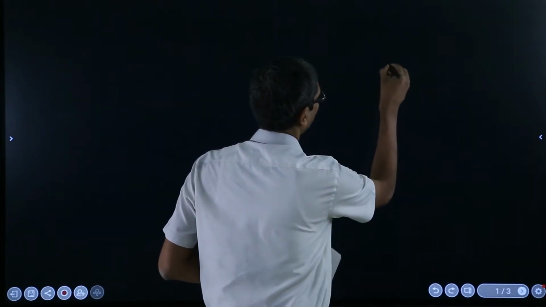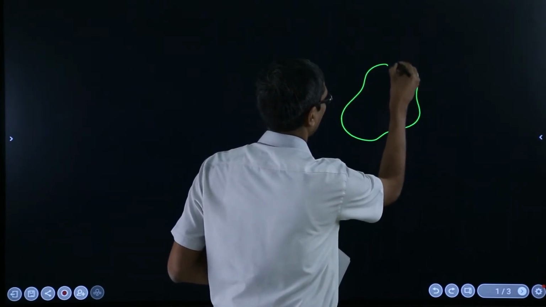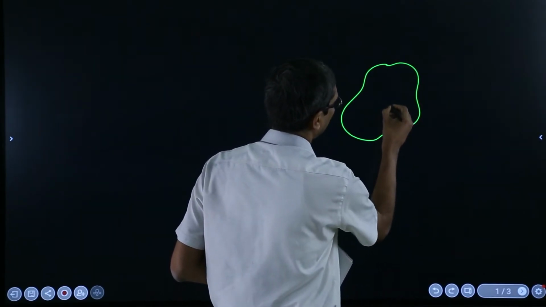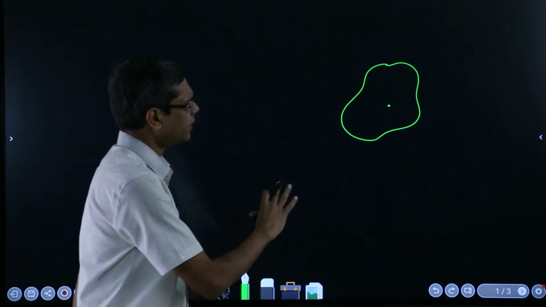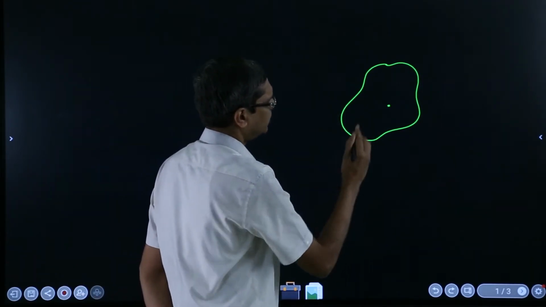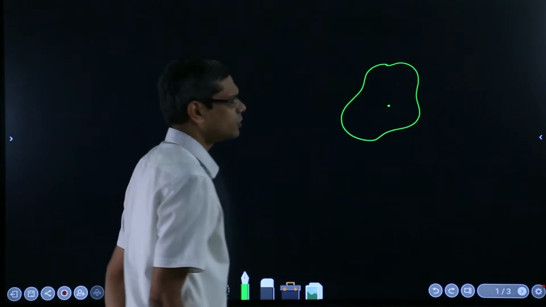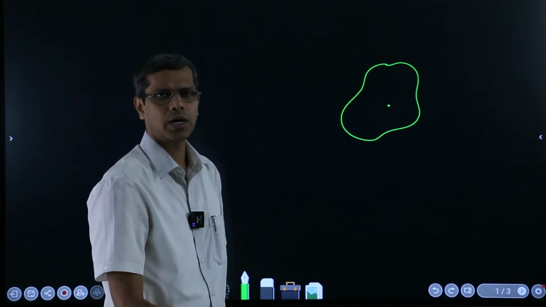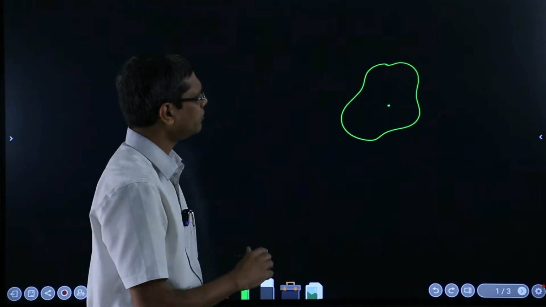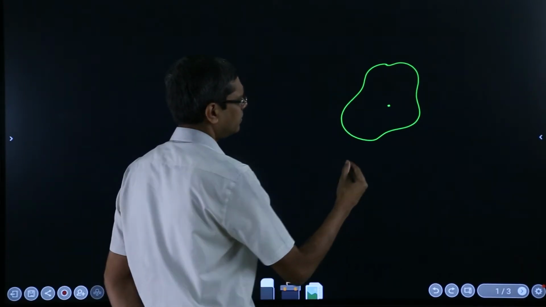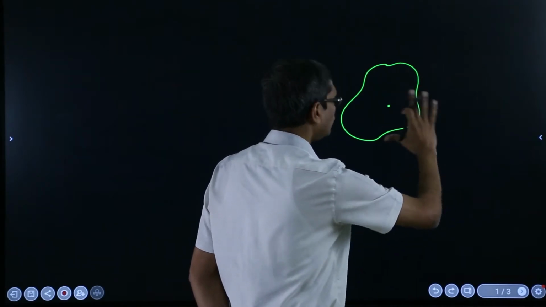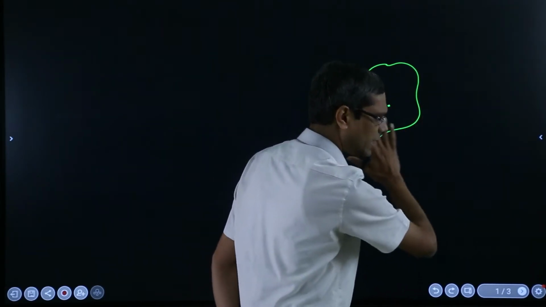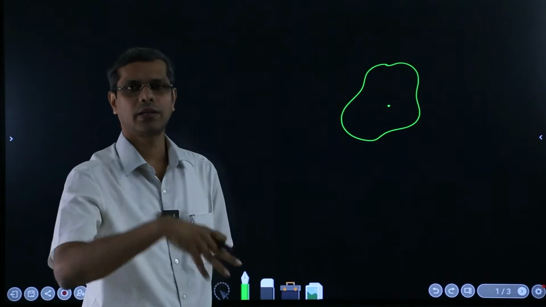Let's say, suppose there is a body, and its center of mass is lying somewhere here, and if this body is subjected to some forces in some arbitrary direction, now it will have a general motion, right? So it may move, meaning it may translate and it may rotate.